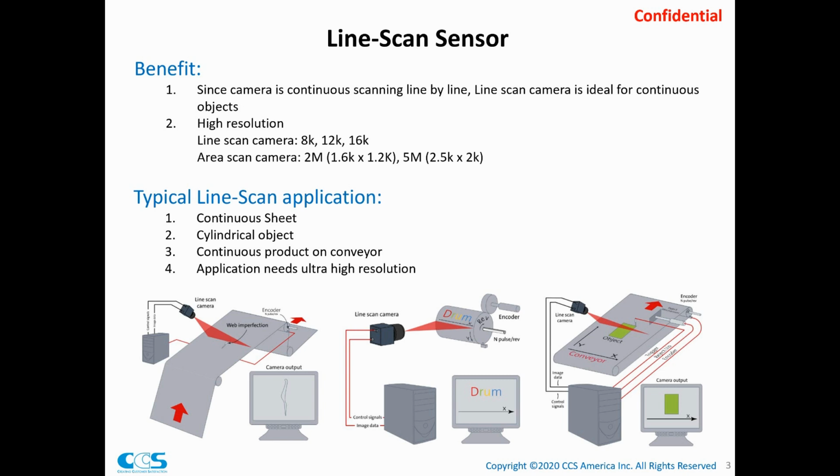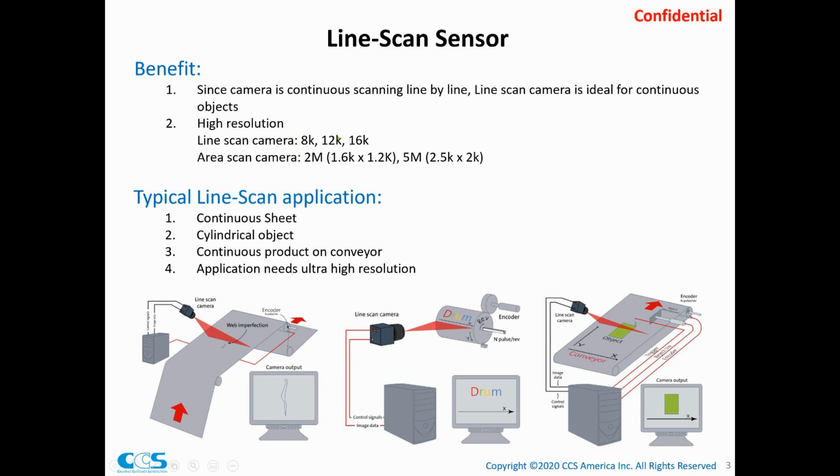The other benefit is the high resolution. So the typical line scan camera is like 8K, 12K or 16K. In comparison, for area scan camera, the most common one is 2 mega, 5 mega, and if we look at the horizontal of this resolution, 2 mega only has 1.6K in the horizontal, and 5 mega only has 2.5K in horizontal.